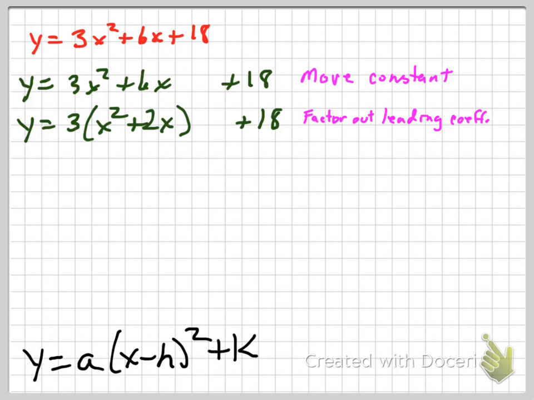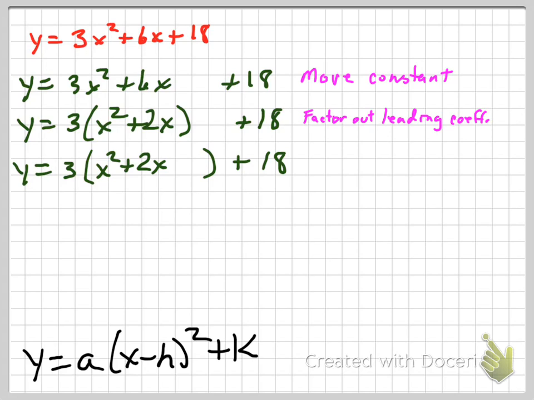Next step, we're going to be adding something in the parentheses. What we're going to be doing is something that completes the square. What are we adding? Something that I call half of the b term squared. The b term is the coefficient of x. In this case, that's 2.